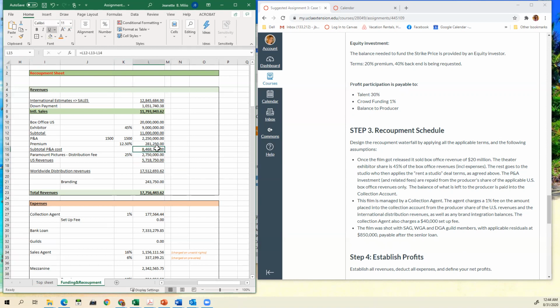Hold on a second, actually that's the deducted. Oh, hold on, that's already the subtotal, not for the P&A cost, but after the P&A cost. After P&A cost have been paid. So that's our subtotal. I'm going to make it in parentheses like this. So there we go.